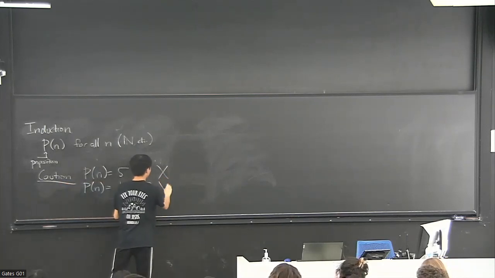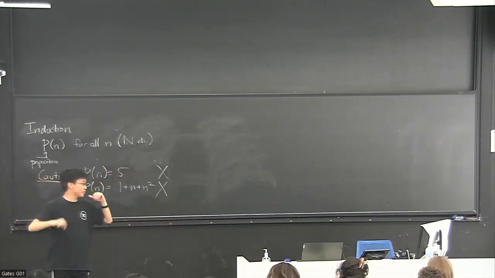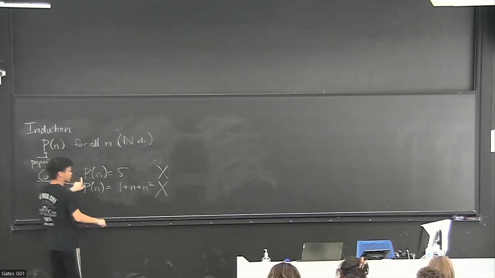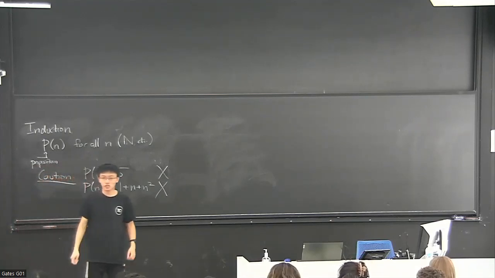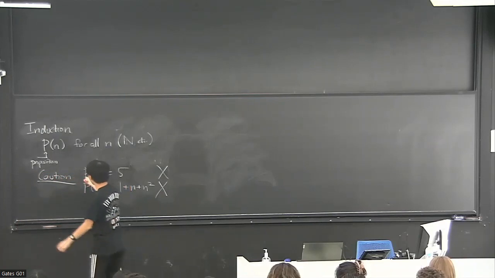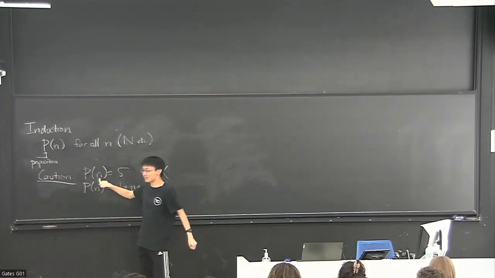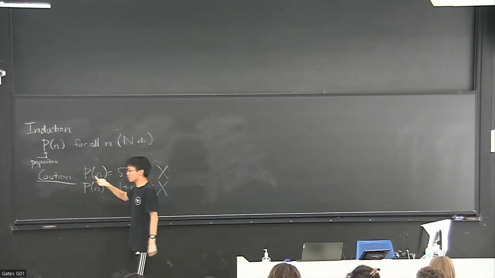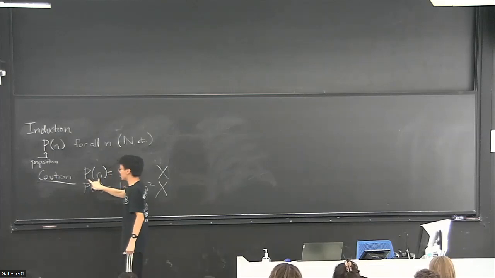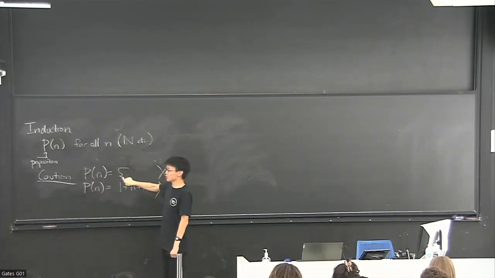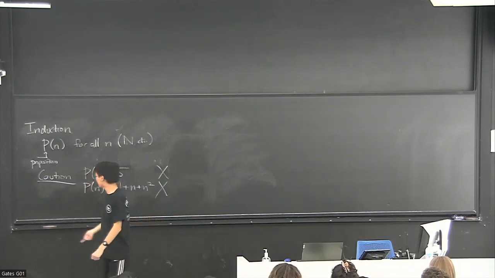All of these things have no meaning, because P itself is a proposition, which means that it takes on values true and false. P of n is the proposition applied to the value n, but P of n is still itself a proposition. When P of n is a proposition, it cannot equal 5. P of n only represents true and false values.